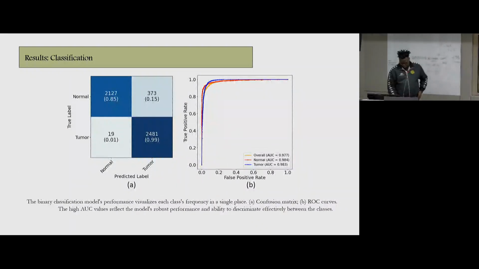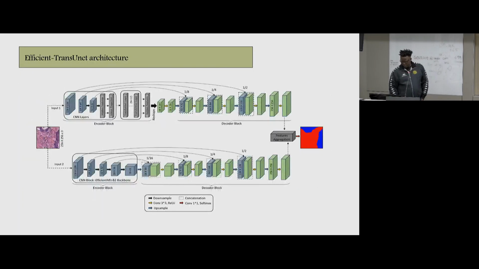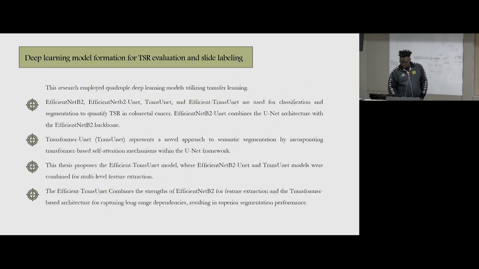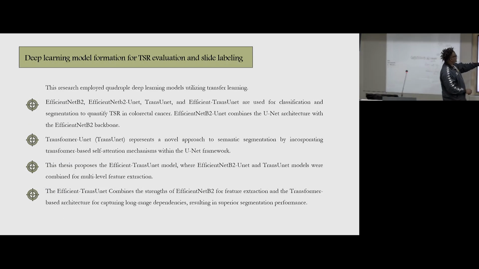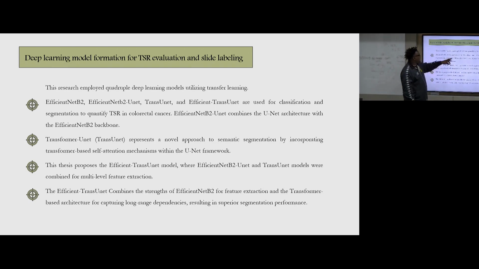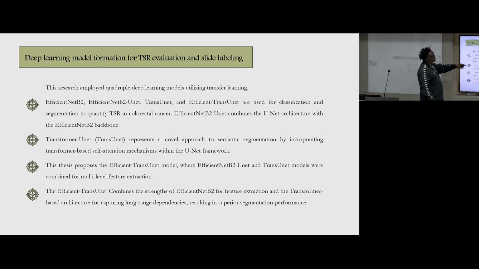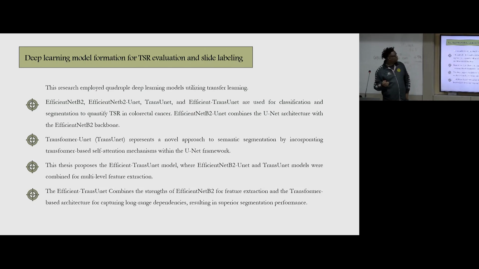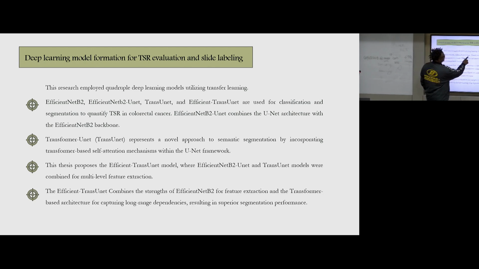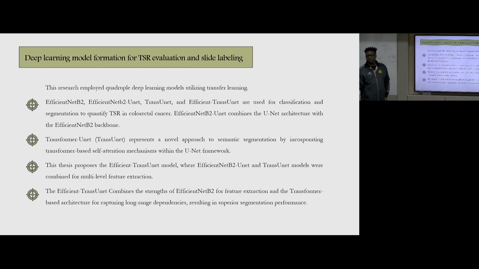So this model, the classification model, was done using EfficientNet. And then for the segmentation model, we try to apply a segmentation-based model. So this UNet is very famous for segmentation.